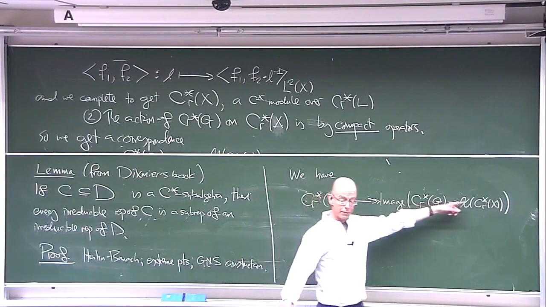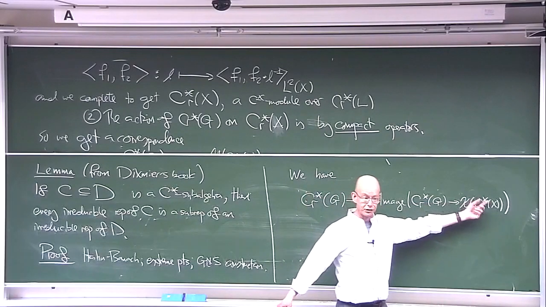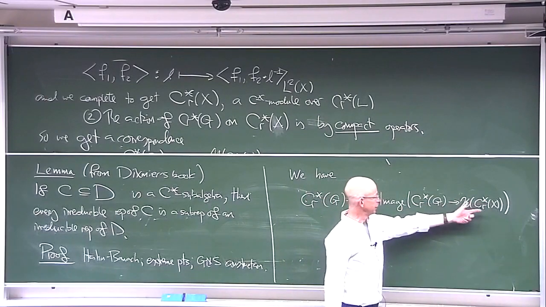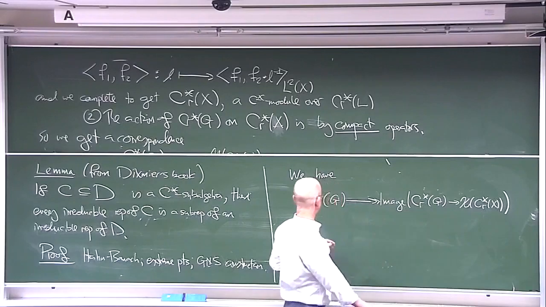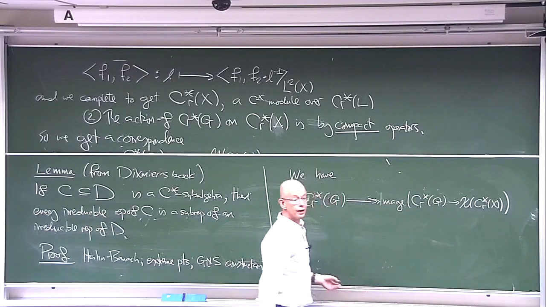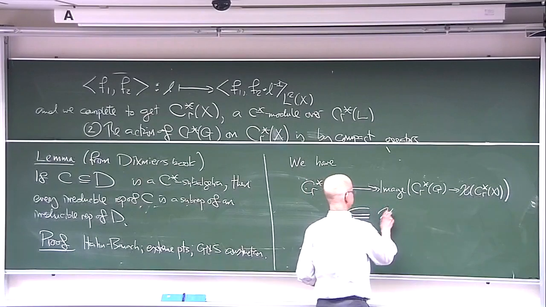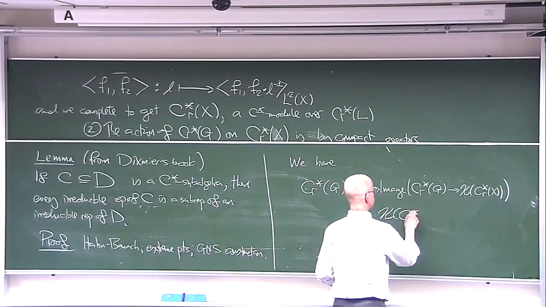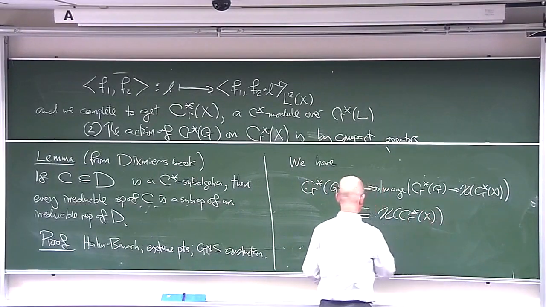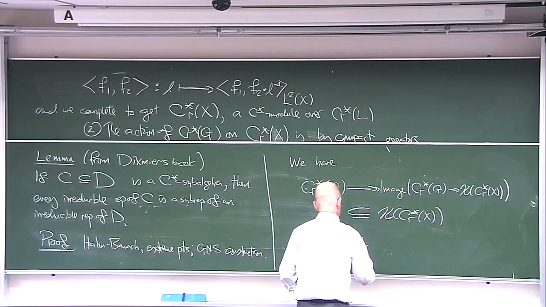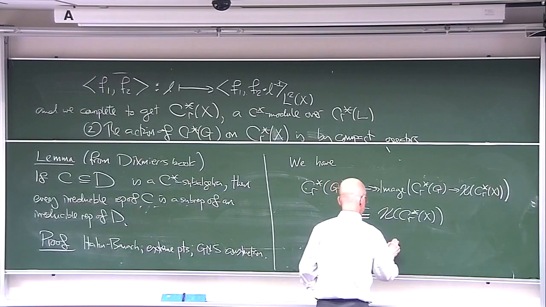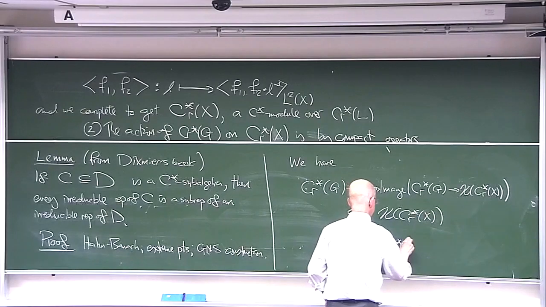This action map may have some kernel. In fact, it does have a kernel. There's some ideal, but after you divide out by the ideal, this C star algebra becomes isomorphic to this one. And obviously, this sits inside of something which is Morita equivalent, as we just pointed out, to C star L.